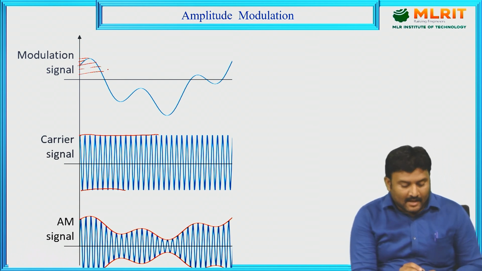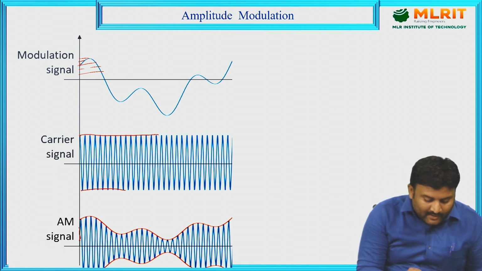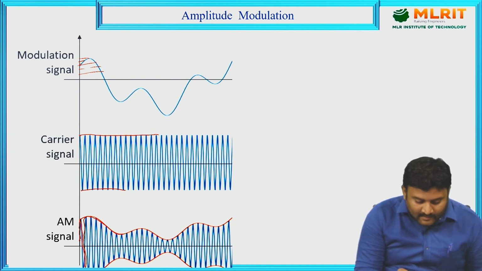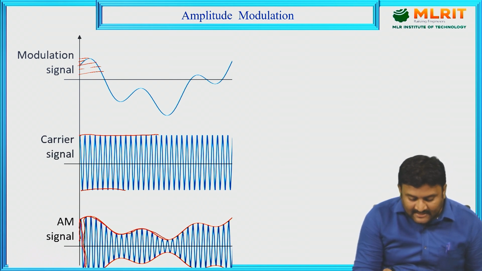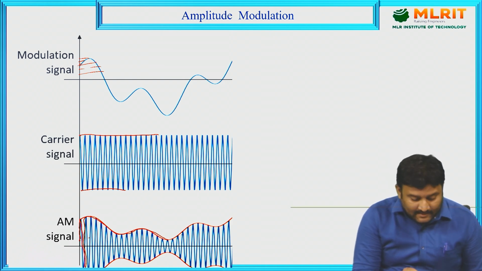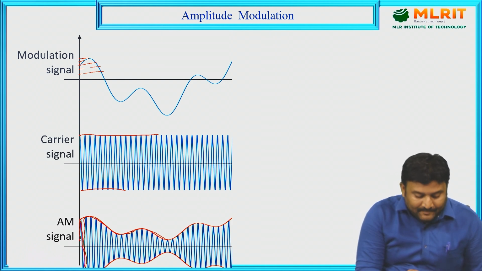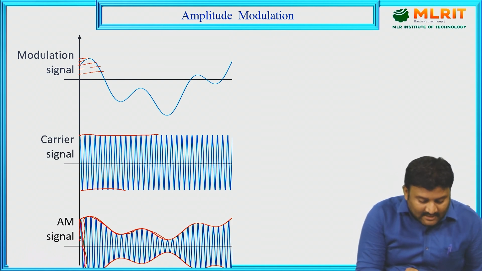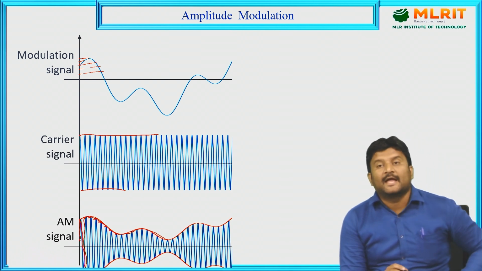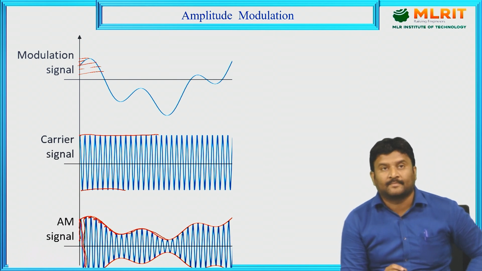Like this. Observe here, the inner wave is the carrier. The thick red line is the message signal, and the blue one indicates the carrier. That means the carrier amplitudes are varying with respect to the amplitudes of the message signal. That's why this is called amplitude modulation.